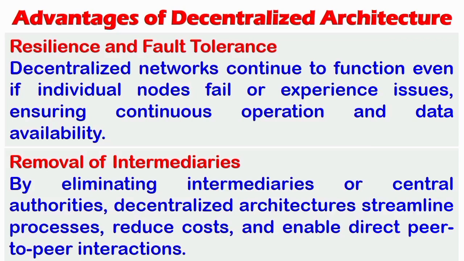When we remove intermediaries or central authorities, things become more efficient. It is like a shortcut, processes get faster, costs go down. Further, we can deal directly with each other. Skipping the middle steps means quicker, cheaper, and more direct interactions.